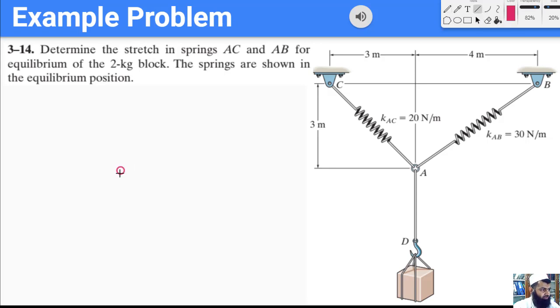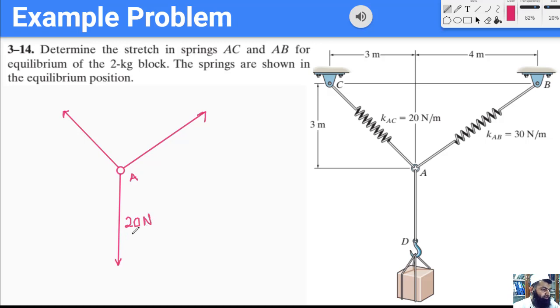We have a force which is directed downwards, which is equal to the weight of the block, and then one force we have in this direction, and the other force we have in this direction. Okay, so we have these three forces acting on this ring at A. So this point is A. This force, we already know the value of, which is going to be 20 Newton.